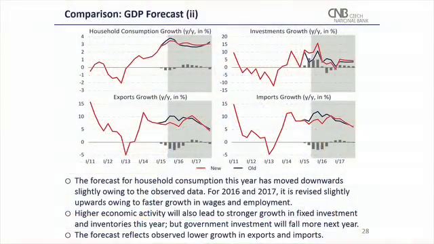We did only marginal changes to the household consumption profile. On the other hand, higher inventories and to some extent also more pronounced EU fund cycle have led to higher investment growth this year, but then slightly more pronounced slowdown in 2016.